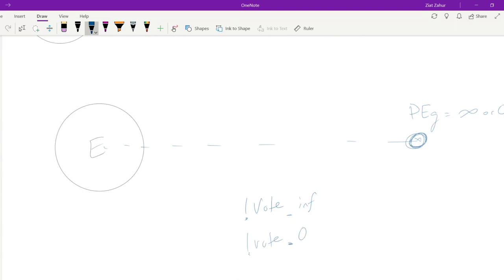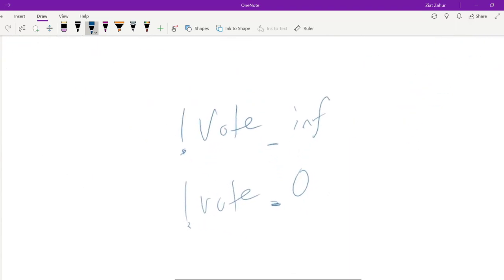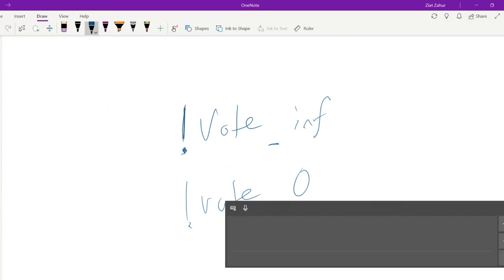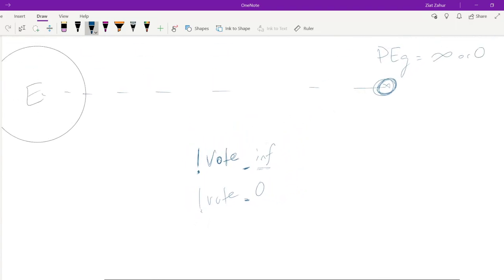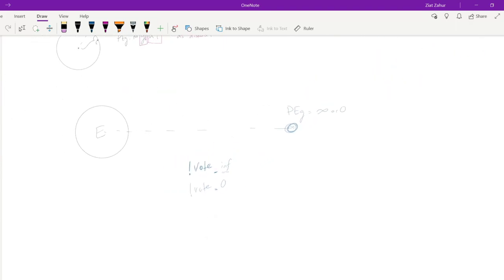No, Mohammed, you gotta type exclamation point and then vote, V-O-T-E, then a little space, and then type in what you're voting. There you go. Now you did it.